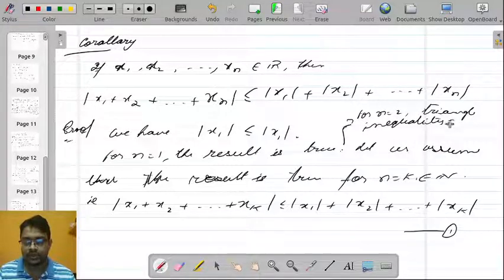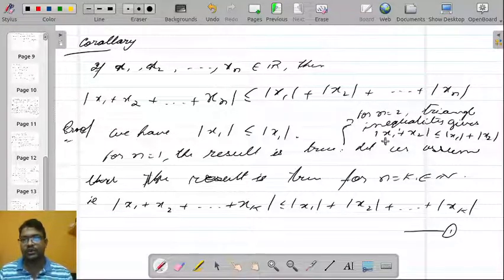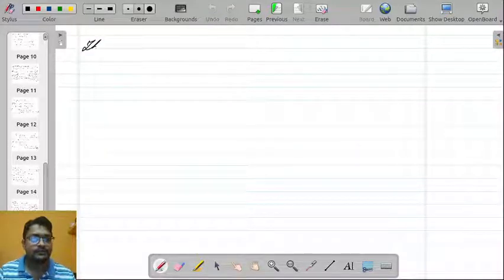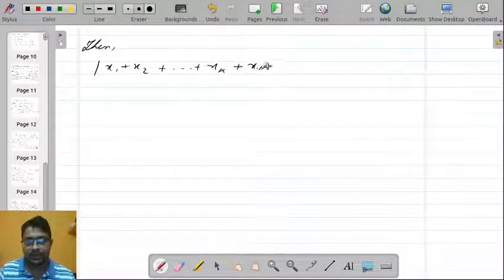Next we suppose that this is true for some k. Then take mod of x1 plus x2 plus dot dot dot up to xk, plus we add another one, and see whether the result is true or not.